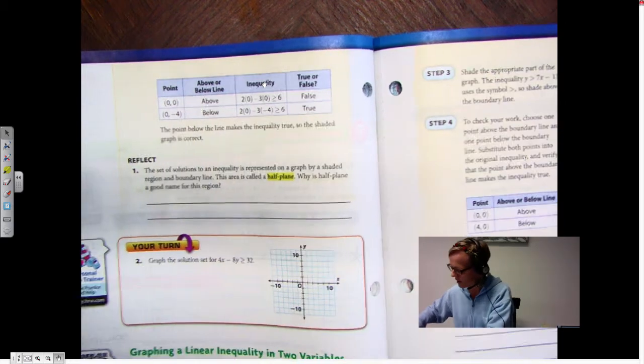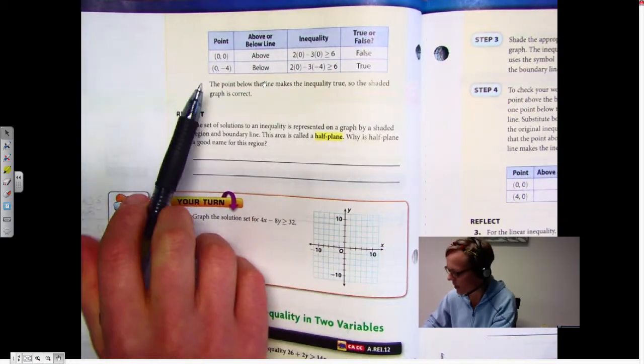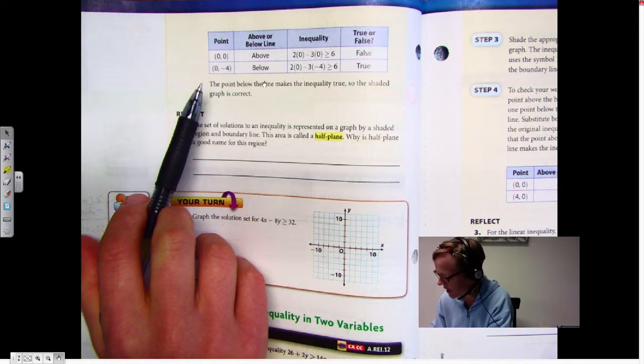Let's just do a little bit of reflection for that one. The set of solutions to an inequality is represented on a graph by a shaded region and a boundary line. This area is called a half plane. Why is a half plane a good name for this region?